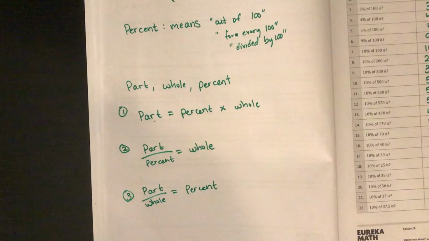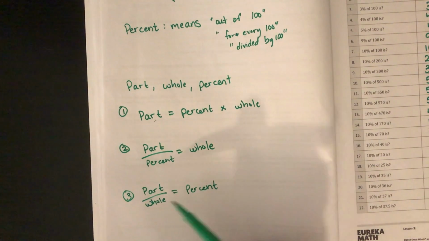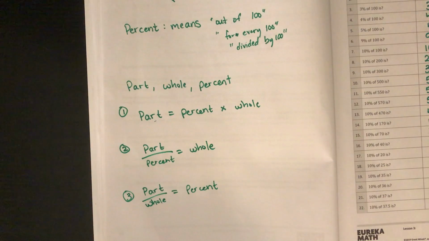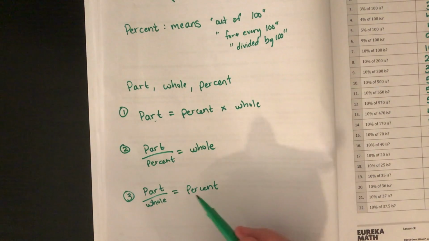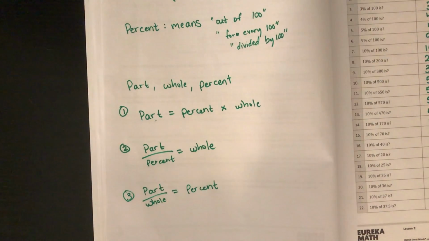If you have a question where they're giving you the two numbers and they just want you to find what percent that is, just take the part and divide it by the whole. That's like if you have a quiz with 15 points on it and you got 12 out of 15, and you want to know your percent score, you would do 12 divided by 15. That would come out to an 80%. So your percent would be 80 on that one.